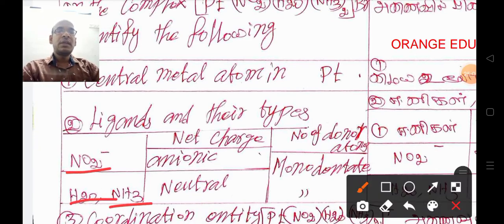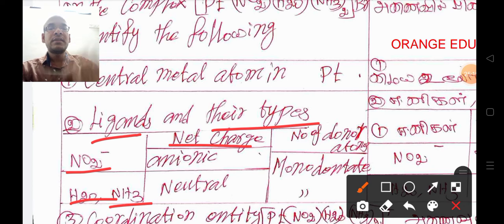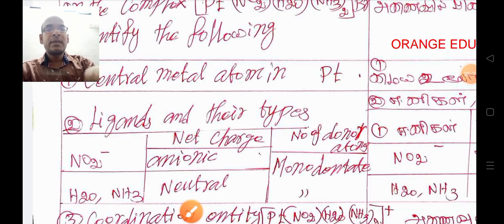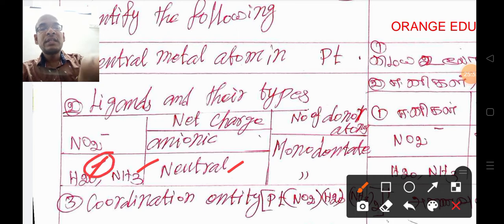Ligands and their types. In this question, the types of ligand are based on net charge. NO2 is anionic, that is, it has a negative charge. H2O and NH3 are neutral ligands, that is, no net charge on these two ligands.